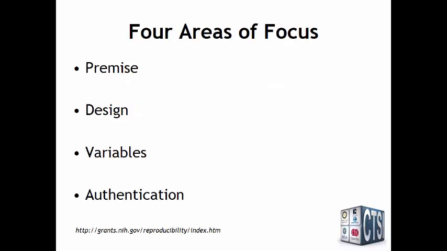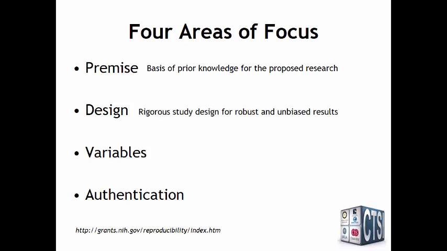So there really are four new areas. And I do recommend you go to the NIH website, which I've given links to at the bottom. But the four new areas are premise, design, variables, and authentication. So premise, the main section really is to provide a bigger and more discrete section on the basis of prior knowledge for the proposed research.